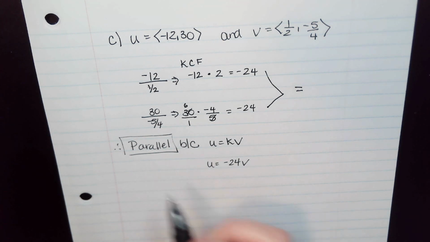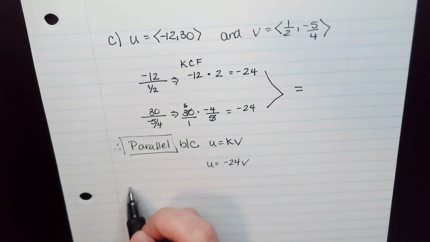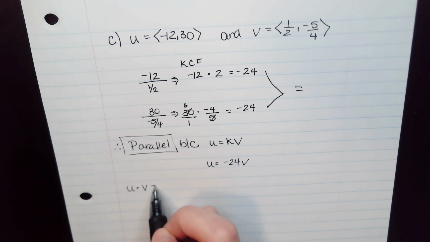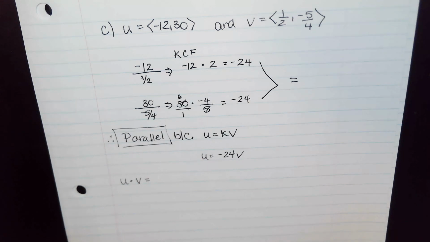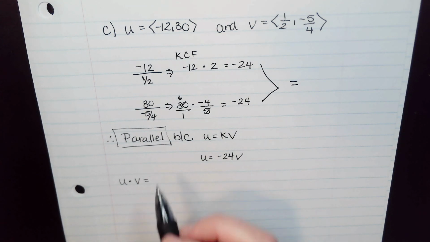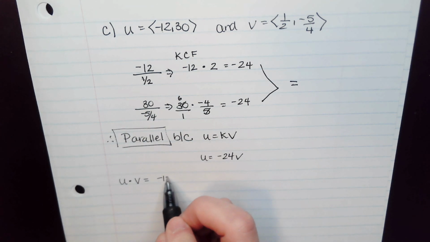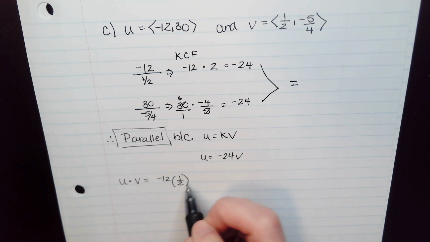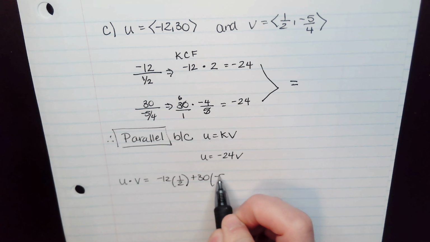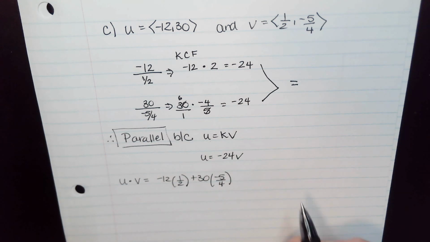Now, let's just run through real quick, finding the dot product to make sure that they're not orthogonal as well. So take a moment here and find the dot product of u and v. All right, so you should have had negative 12 times 1/2 plus 30 times negative 5/4.